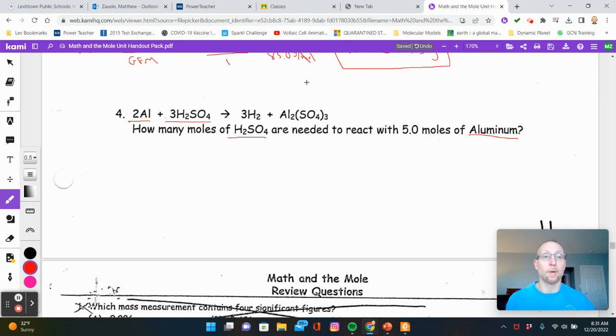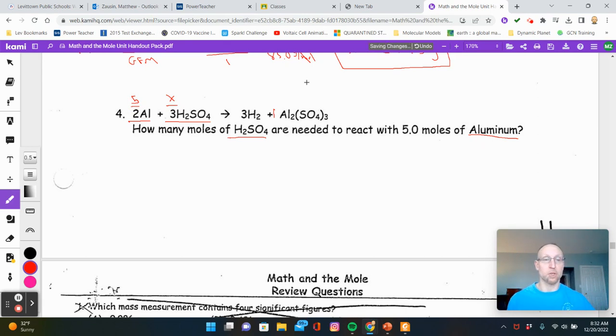2 moles of aluminum and 3 moles of H2SO4 makes 3 moles of hydrogen and 1 mole of aluminum sulfate. Remember, nothing means 1. So how many moles of H2SO4, that's our unknown, so that, remember, is our X, are needed to react with 5 moles of aluminum?